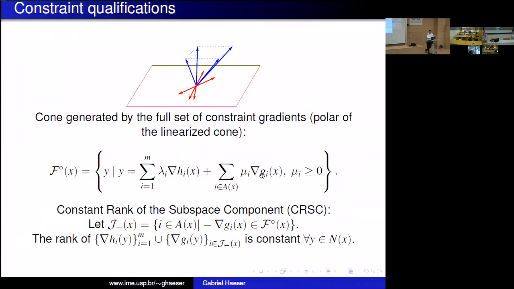If you have minus the gradient of an inequality constraint belonging to this set, in fact, you could get any scalar multiple of this gradient. It belongs to this set also. So maybe you should think that this inequality constraint is in fact an equality constraint, because you are not constrained to generate positive scalars. Since minus the gradient belongs, all its multiples also belong to this set. So this inequality is acting more like an equality than an inequality.